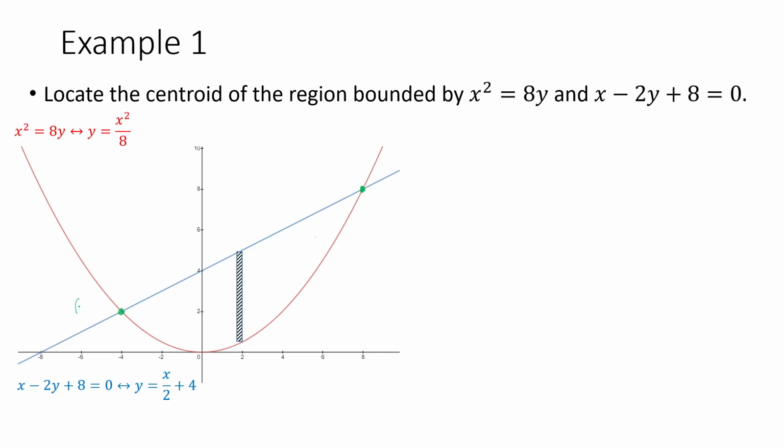Again, you need to know how to graph, and you need to know how to determine the points of intersection, especially the points of intersection because those are important in getting the limits of integration. Okay, so this one is -4, and the other one is 2.